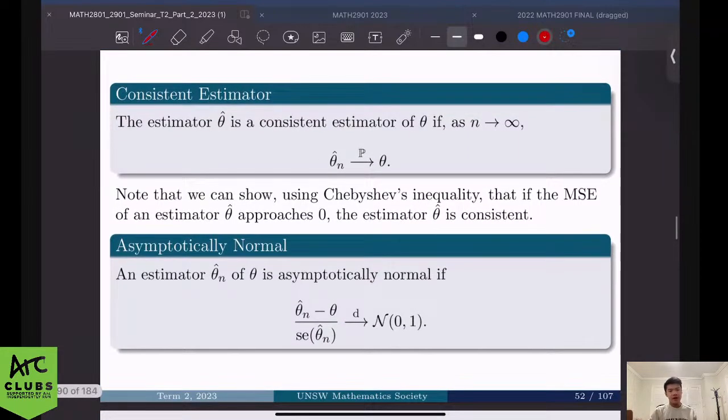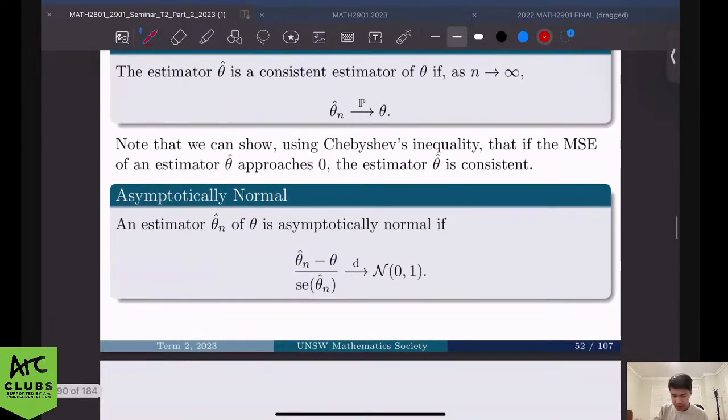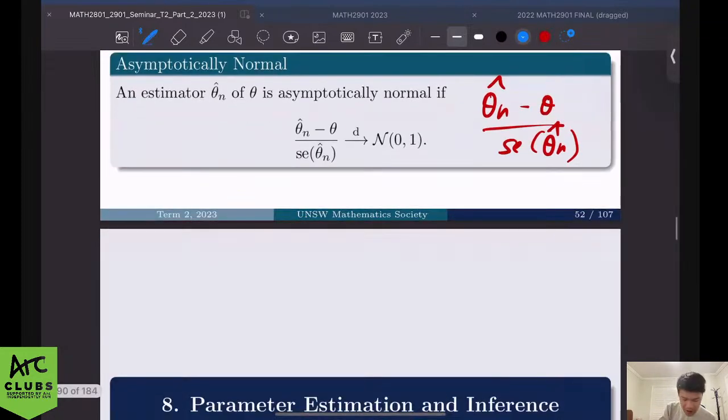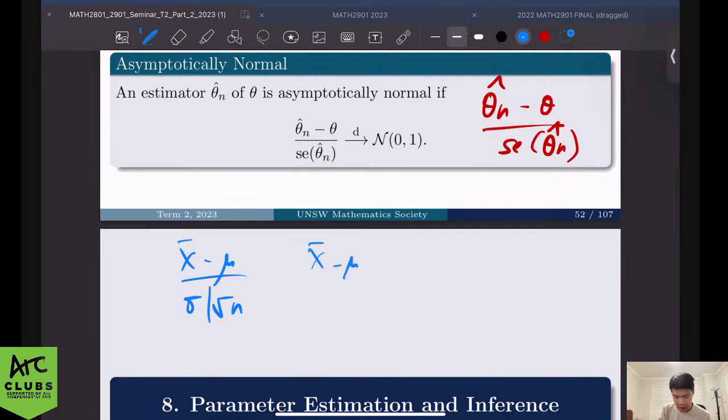Cool. Another thing that becomes quite important later is an estimator is asymptotically normal if the difference between this and the actual parameter, divided by the standard error, converges. We've seen this kind of stuff before, right? The mean minus mu divided by sigma on root n, or you'll see this a lot later too.